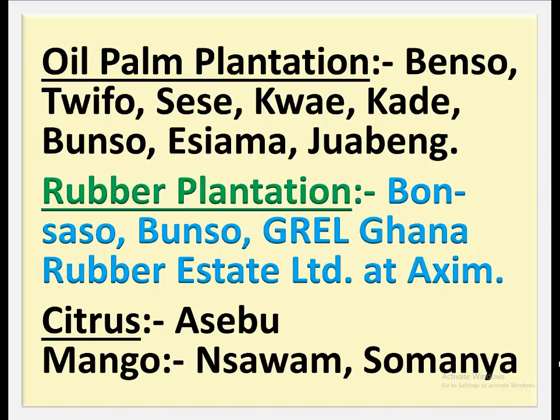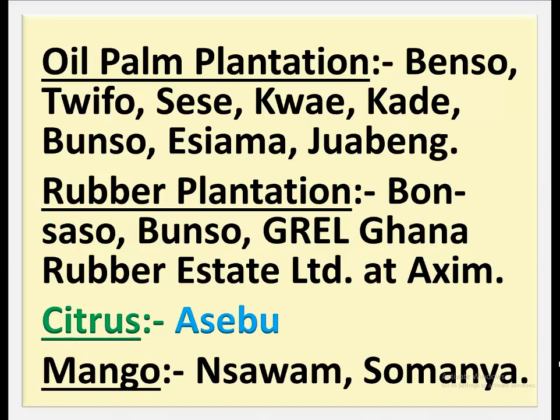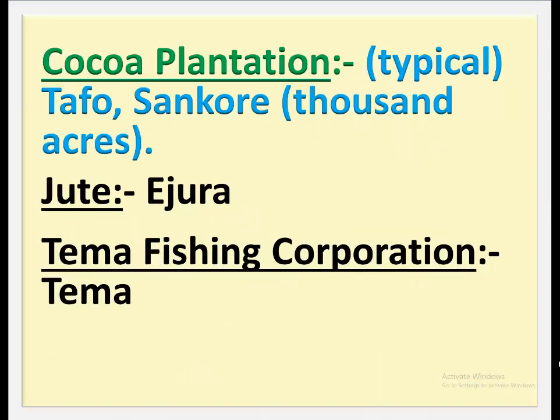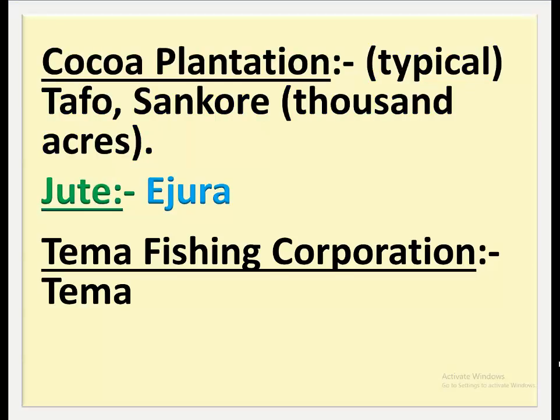Rubber plantation: Bonsaso, Bunso, Ghana Rubber Estate Limited at Apimanim. Citrus: Asebu. Mango: Nsawam, Somanya. Cocoa plantation: Tafo, Suncoa, 1,000 acres. Jute: Ejura. Tema Fishing Corporation.